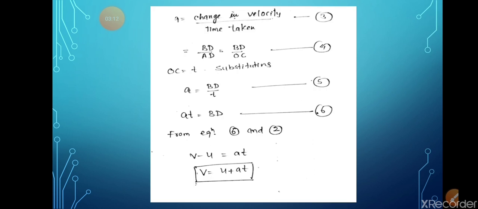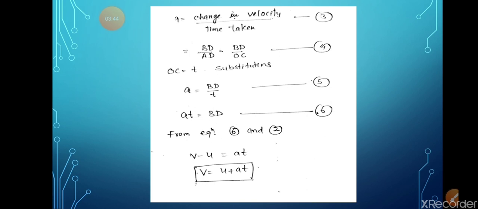Then we know the definition of acceleration: change in velocity upon time taken. Here the change in velocity is BD, so BD upon AD, or BD upon OC, because AD is parallel to OC. So BD upon OC, that is equal to t, gives acceleration a, hence a equals BD upon t.